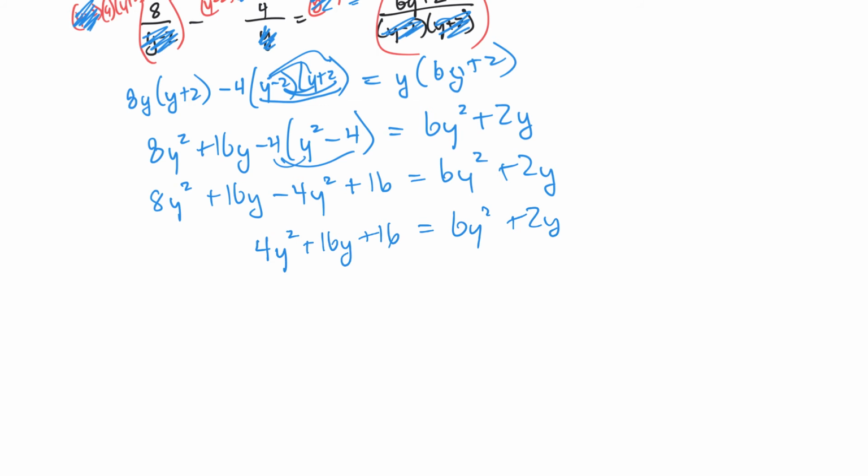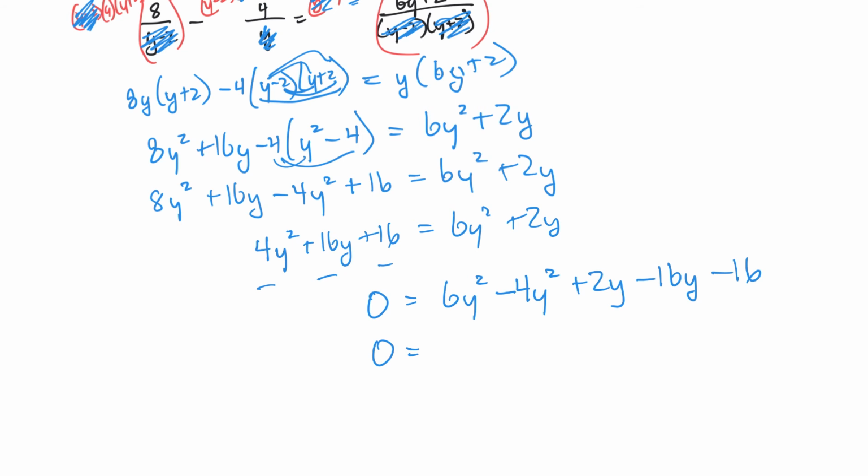I usually like to get the y squareds positive, so I'm going to move all of this stuff over to the other side. So 0 is equal to 6y squared minus 4y squared, plus 2y minus 16y, and then minus 16. Hopefully you're okay there so far.